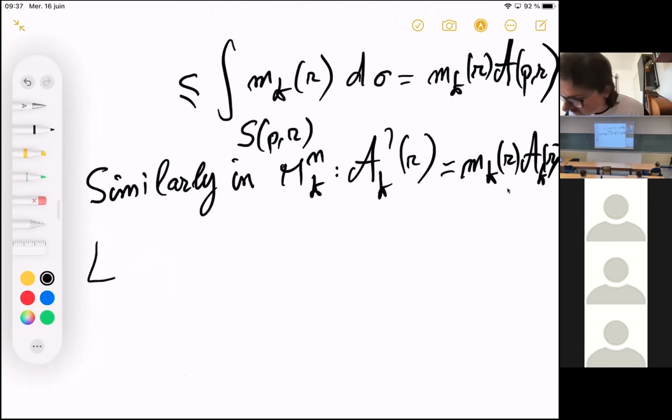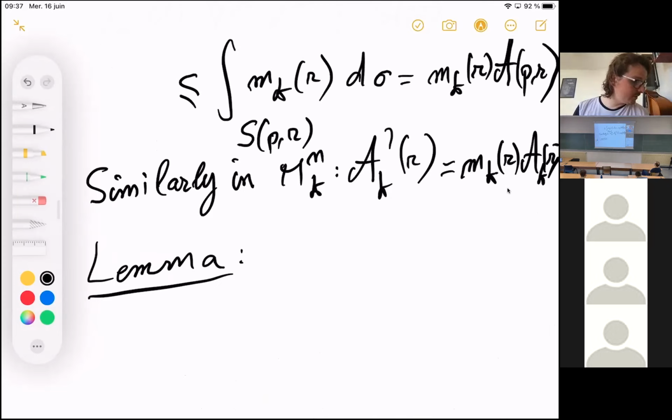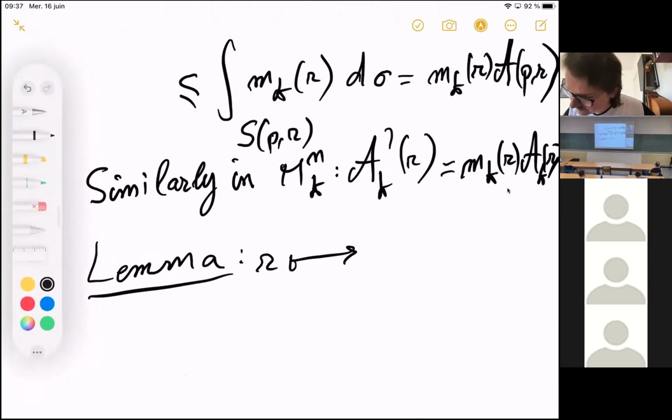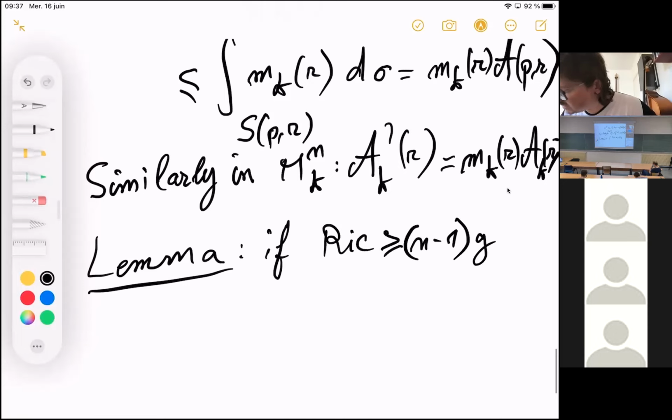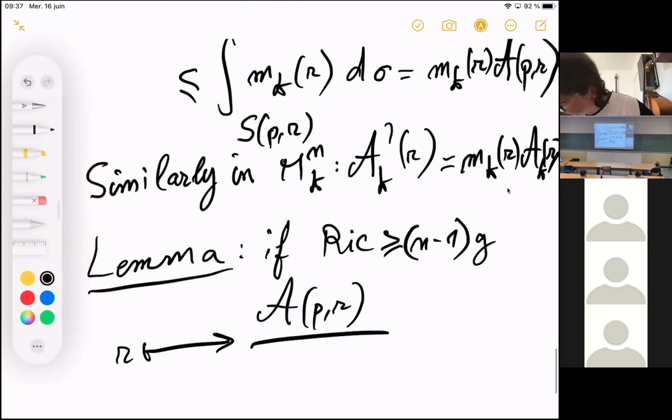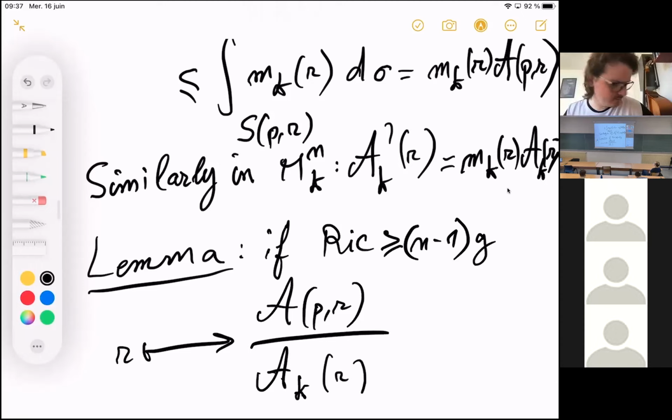This is more or less the proof of this lemma, which says that if Ricci is greater than (n minus 1)k g, then this function A_p(r) over A_k(r), for any p, is non-increasing.